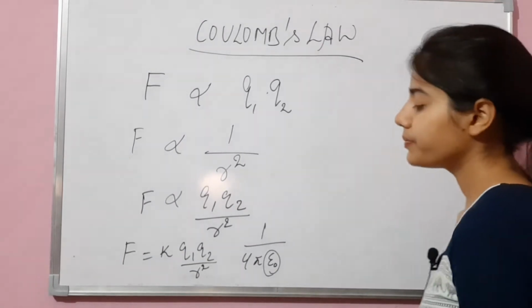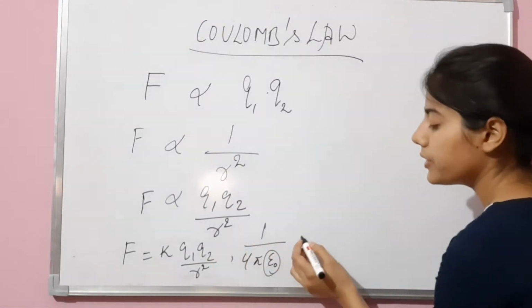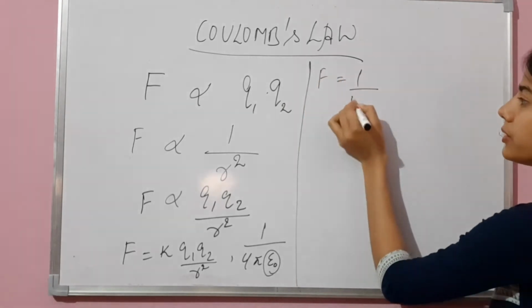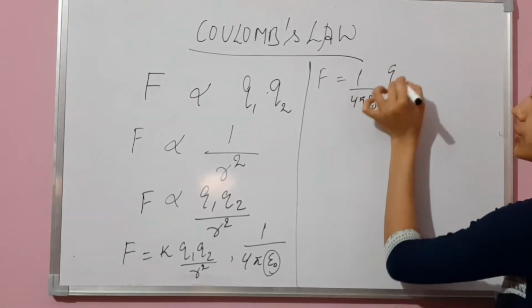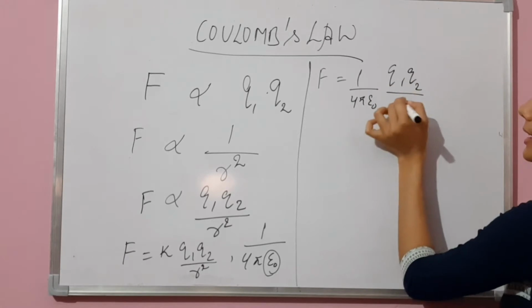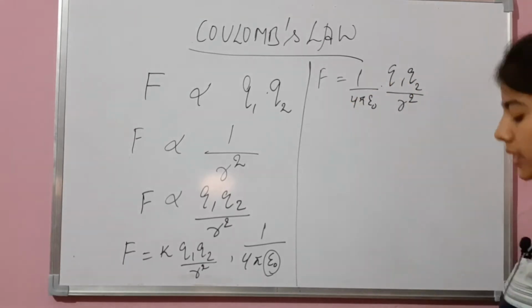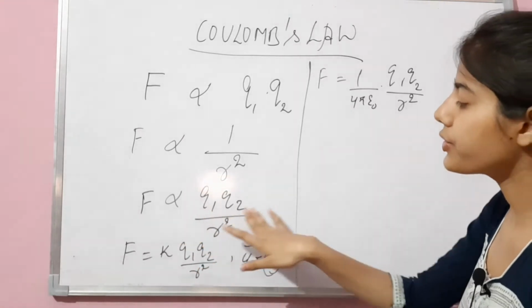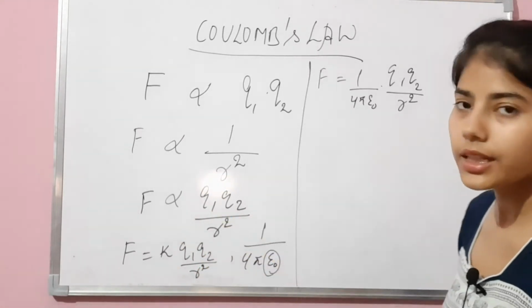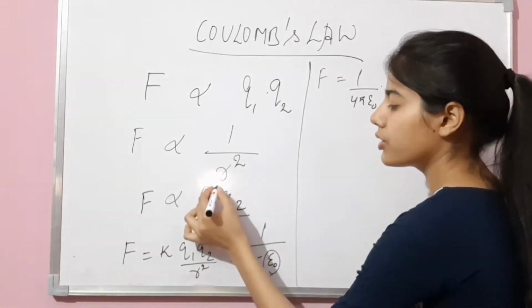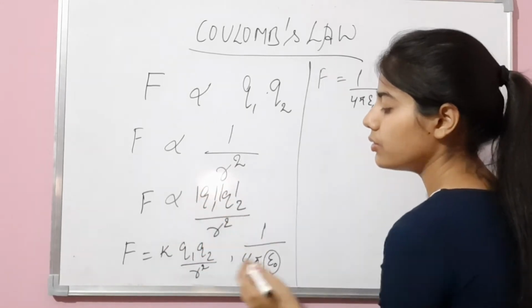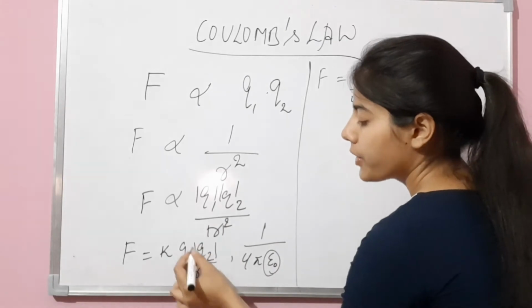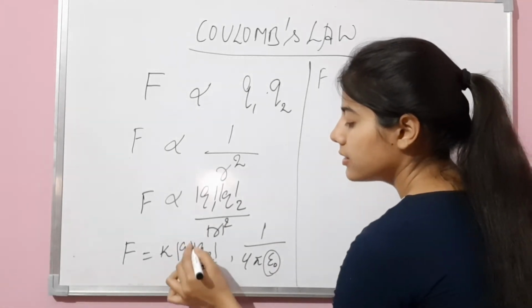Okay, so after this, what we will get? F is equal to 1 upon 4 pi epsilon naught Q1 Q2 by R square. Here we are taking the magnitude of these three quantities, that is the charge Q1, the charge Q2 and the separation between these two charges. So here we are calculating force in scalar form.